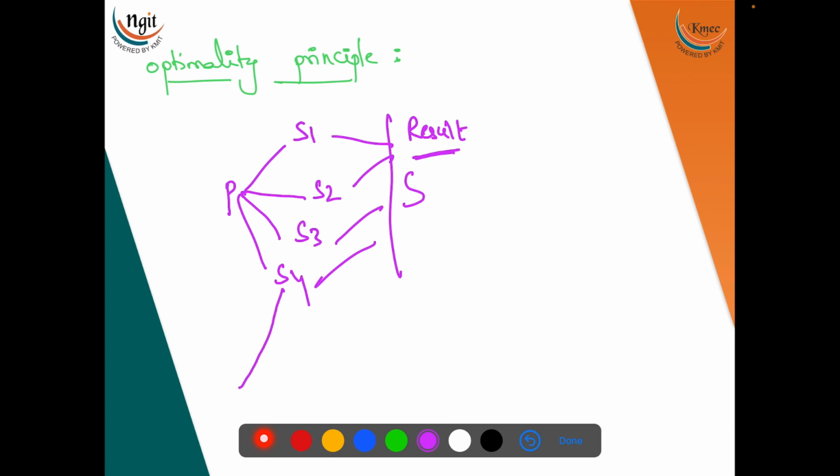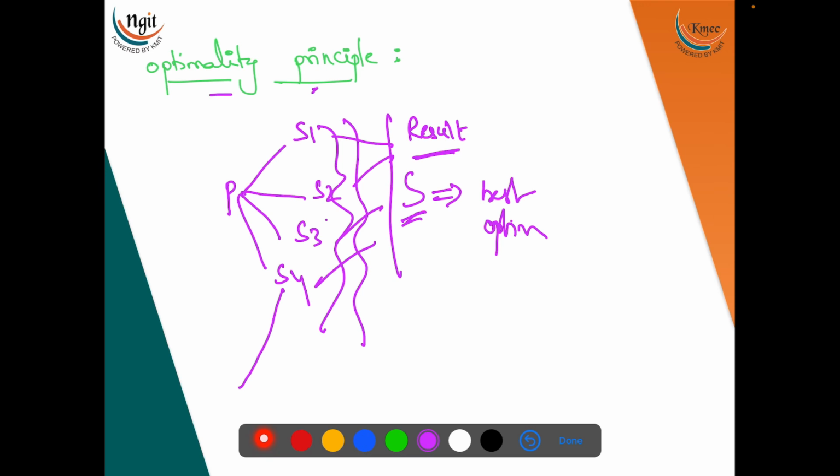Out of all these, you choose the one which is the best or optimum solution. So the sequence of decisions is what we call dynamic programming.